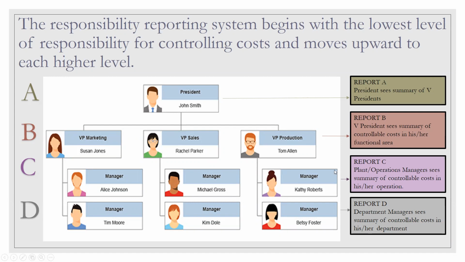Another one is the report from the plant operations manager that sees the summary of controllable costs in his or her operation. And we move on to the higher position, which is the vice president, that sees summary of controllable costs also in his or her functional area. And the top management, which is the president, sees the summary of the vice presidents' reports.